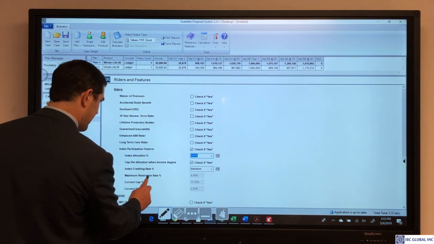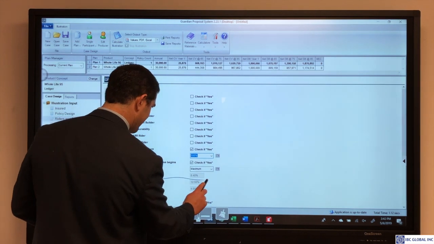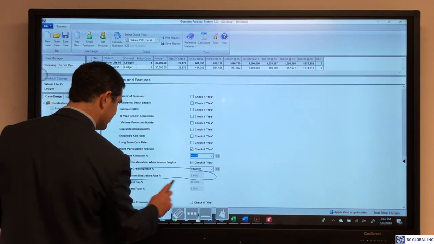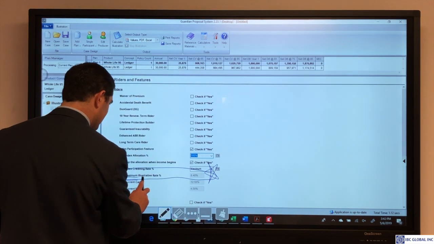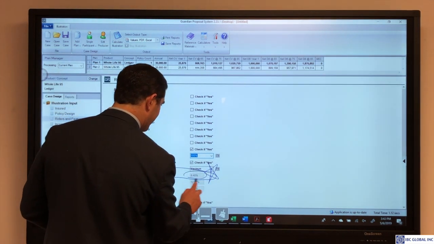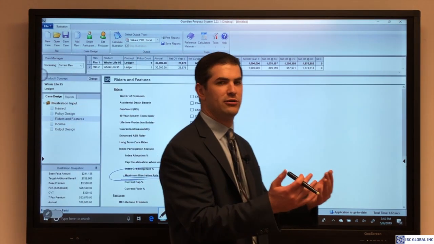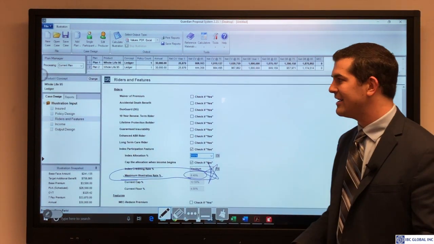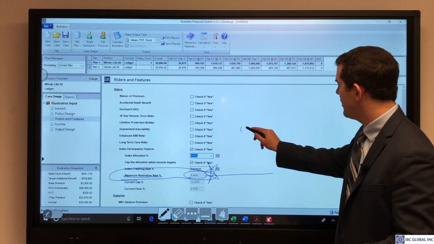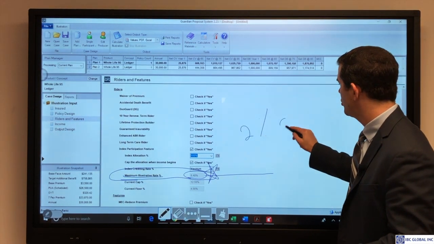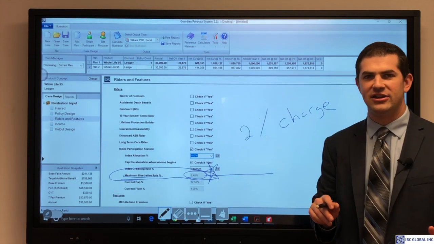Indexed crediting rate, what I want to illustrate on an illustration. Is that a double negative? I think it is. So I've got maximum illustrative rate, 8.48%. The company will not allow you to illustrate any higher than that. Now, the thing about that 8.48 is, remember, the company has a 2% charge whenever we exercise that index feature.